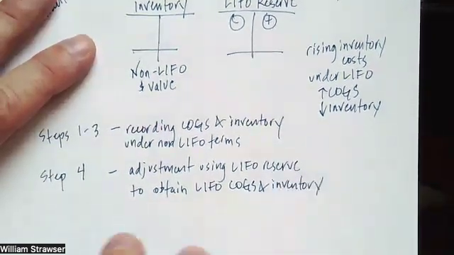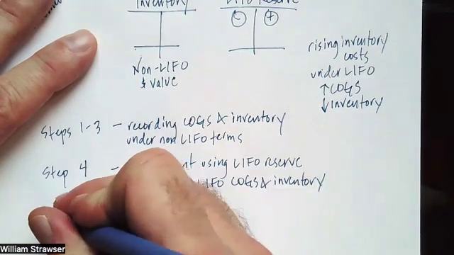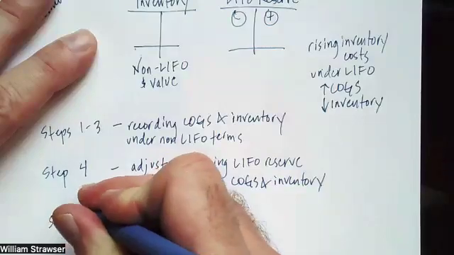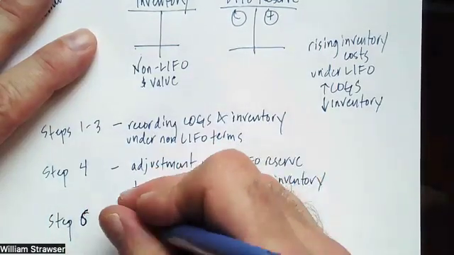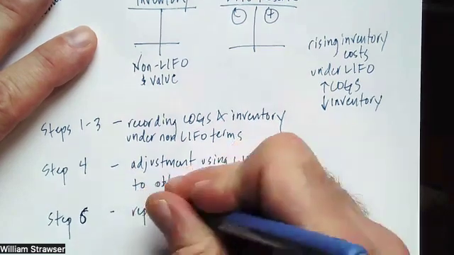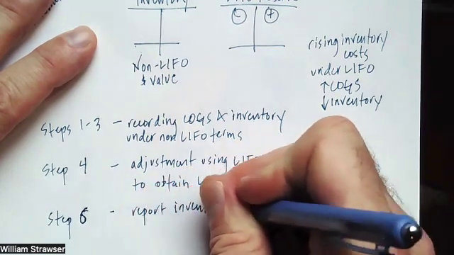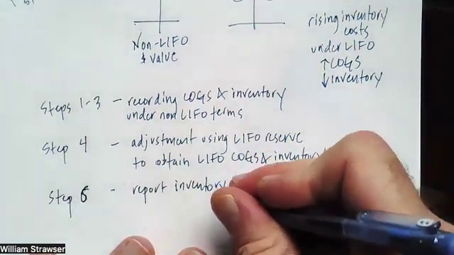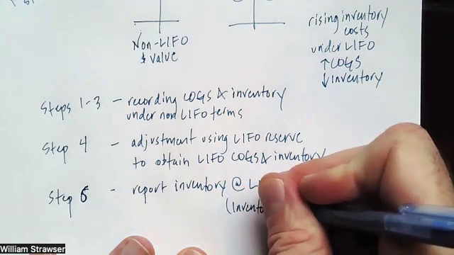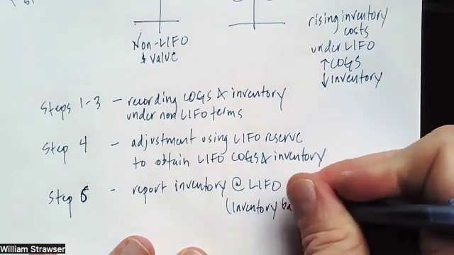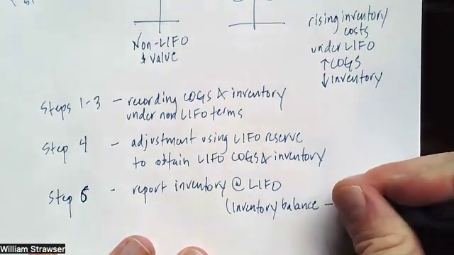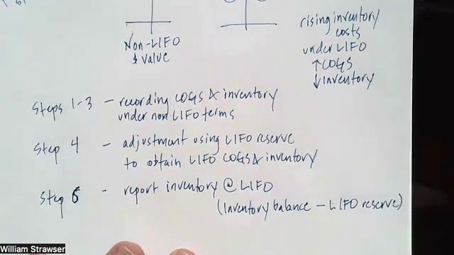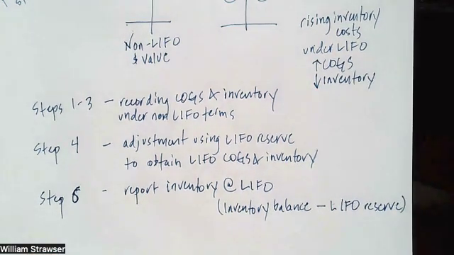And that doesn't happen again until step 6, or we don't have any real action going on until, I wrote step 5, step 6, when we're making the financial statements, report the inventory at LIFO. And we're going to do that by taking the balance of the inventory account and subtracting the LIFO reserve balance, just like we do when we report net realizable value for our receivables.